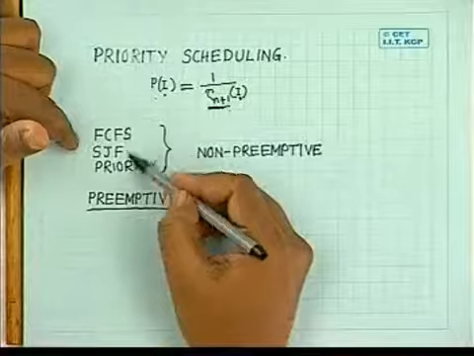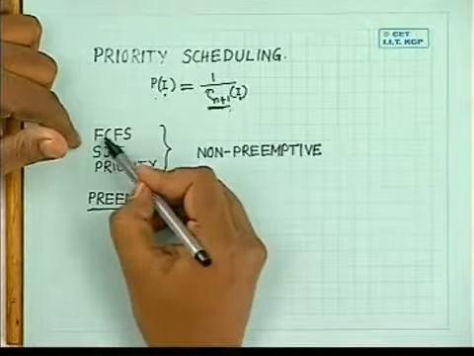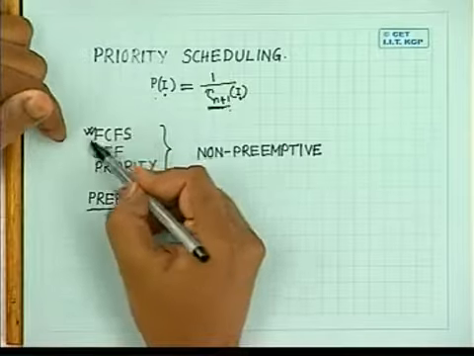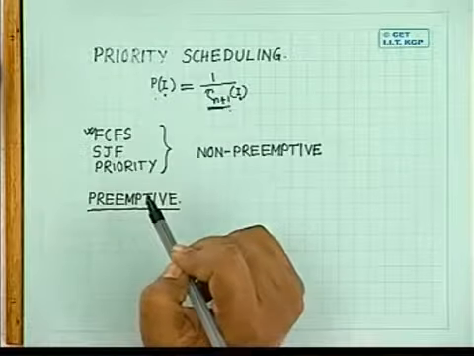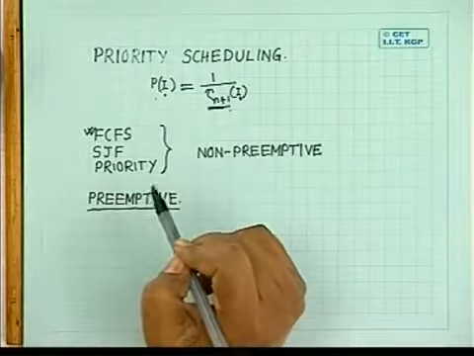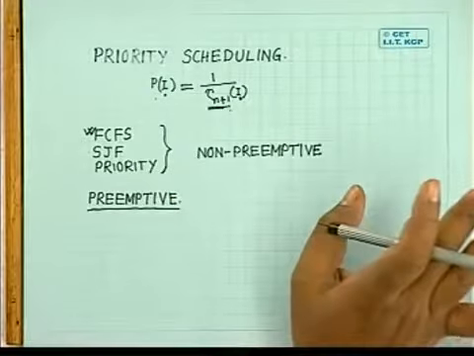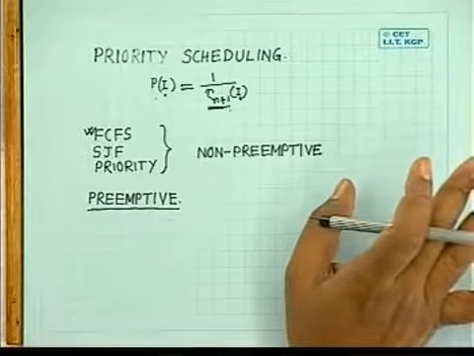Now, if you study these three, you find that first come first serve, as the name suggests, should not be preemptive, because here I do not have any other priority. The priority is time of arrival. The job which has arrived first has to be executed first, and the job which has arrived next has to be executed next.